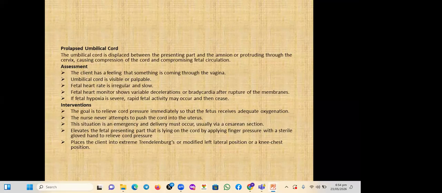So it will be the healthcare provider who will determine whether to delay the labor or to go ahead and deliver the baby, depending on the state of the fetus and what could happen if they delay the labor. Okay, I get you. Thank you. You're welcome.